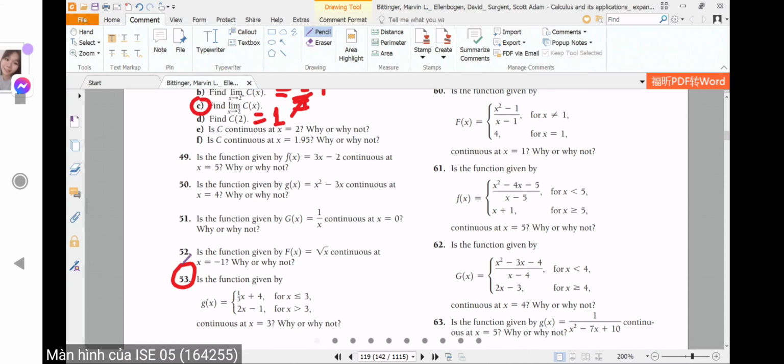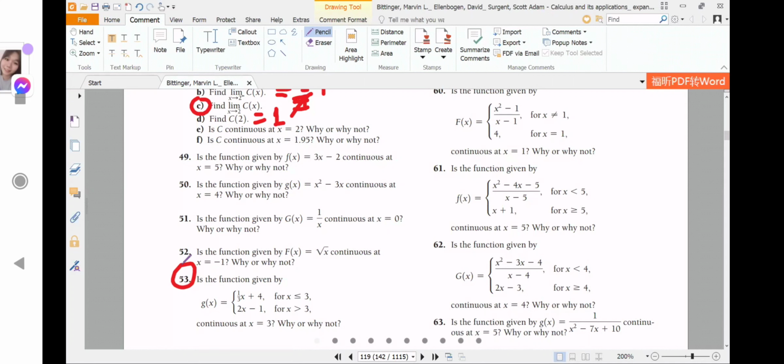So the same meaning, you need to consider the continuity of the given function at number 3. It is continuous. Why? Because the left limit equals the right limit.